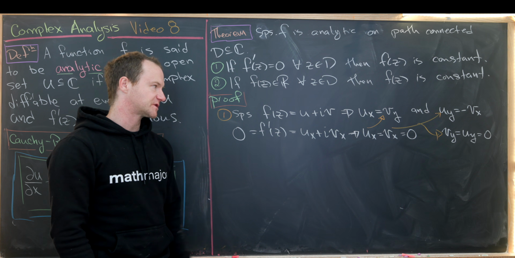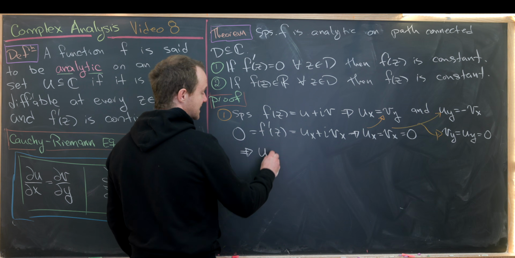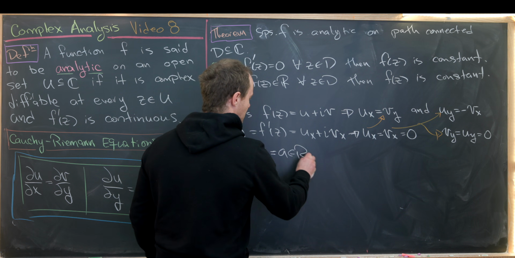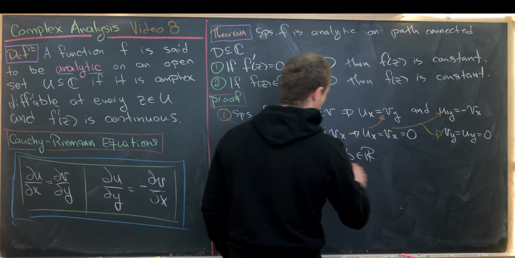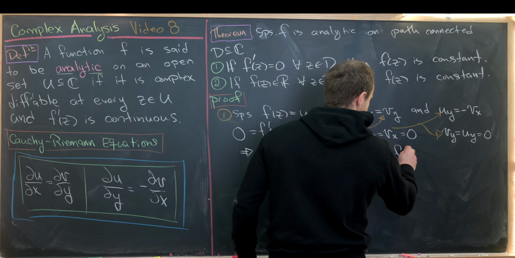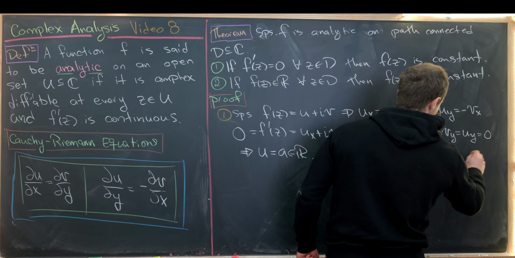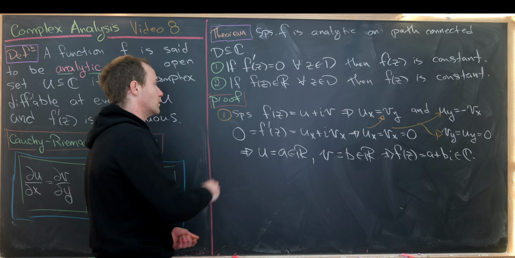But if both first partials of u and v are 0, from multivariable calculus, that tells us that u is equal to a constant. So I'll just say a, which is in R, and maybe v is equal to b, which is also in R. So they're both constants. But that tells us that f of z is equal to the constant a plus bi, which is complex. So that finishes the proof of number 1.